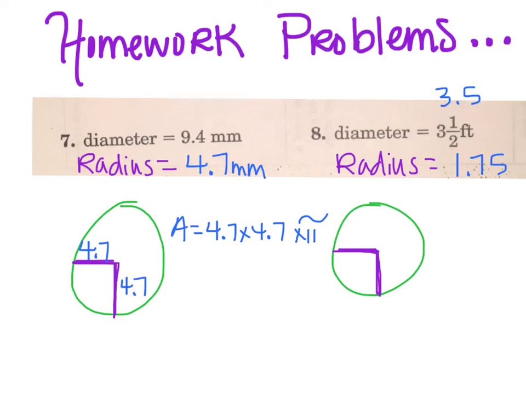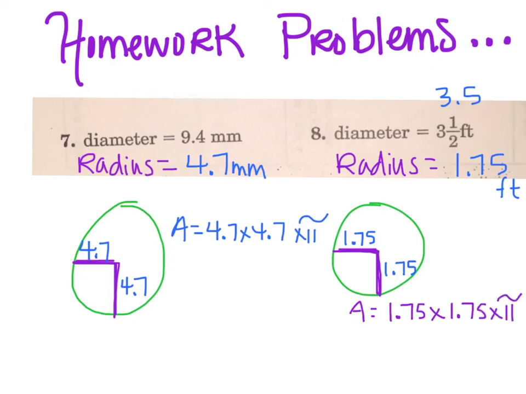So again, I'm going to label this on my circle 1.75, 1.75. Seeing those two numbers written here should help me remember my formula. To find the area, I'm going to do 1.75 times 1.75 times the amount for pi.